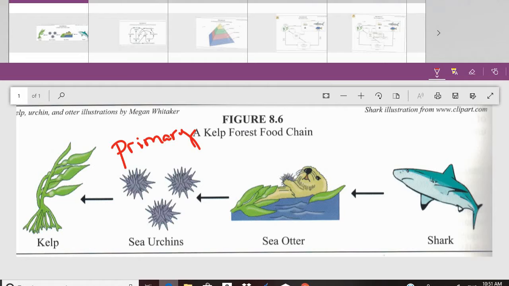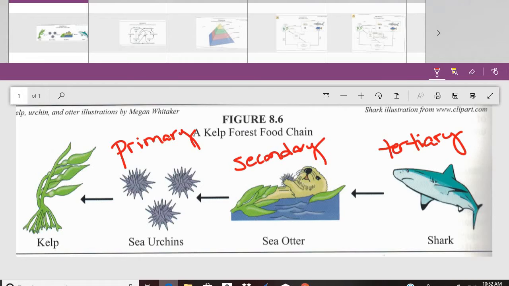And then the sea otter eats the sea urchin, so that would be a secondary consumer. And then the shark eats the sea otter, so the shark would be the tertiary consumer. So this is a simple food chain.